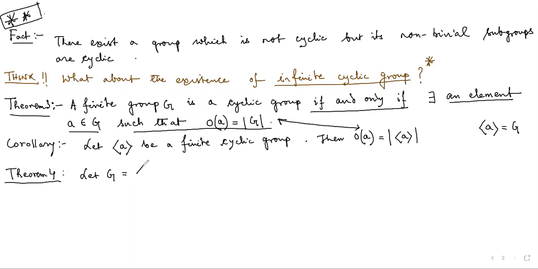Let capital G be a group generated by A, that is, a cyclic group of order n.